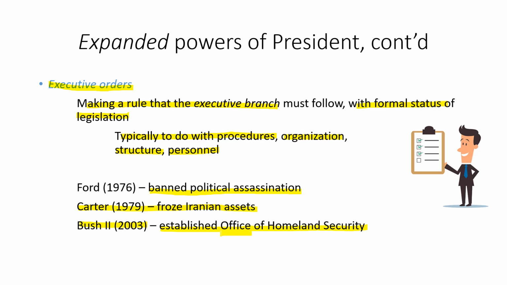Once they determined that this Office of Homeland Security would really not have the clout that it needs in order to take care of Homeland Security, Congress then passed a law that established the Department of Homeland Security, which is one of our 15 cabinet departments. However, it was first established through an executive order.